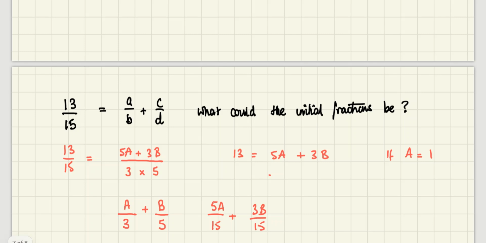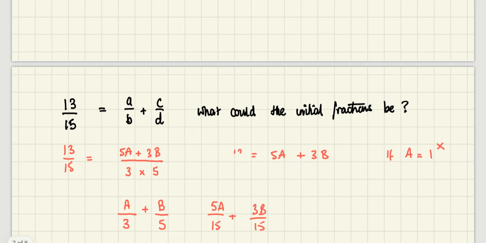What would b have to be? Well, that would make it 5 plus 3b equals 13, which means 3b would be equal to 8, which is not going to work. Right? Make sense? Yeah.